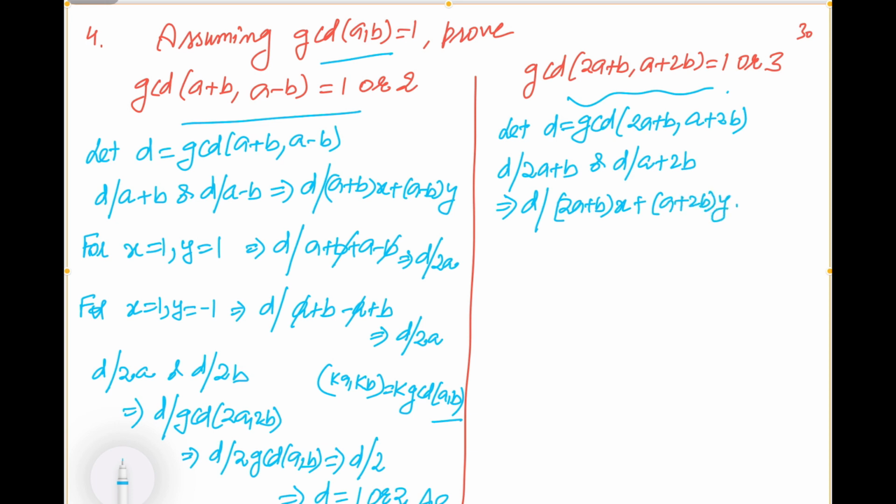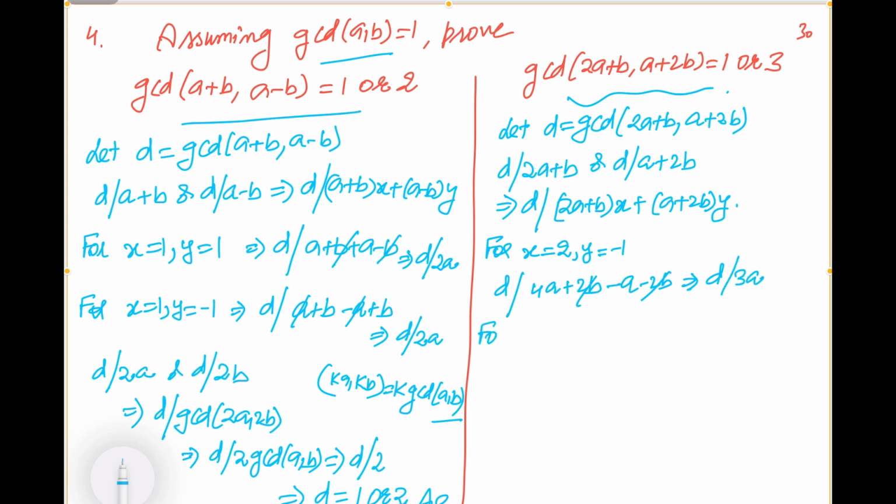Now we choose value of X and Y such that we are left with D divides 3A and D divides 3B. For that purpose, first we choose X is equal to 2, Y equals to minus 1, and we get this is 4A plus 2B minus A minus 2B. 2B cancels, D divides 3A.